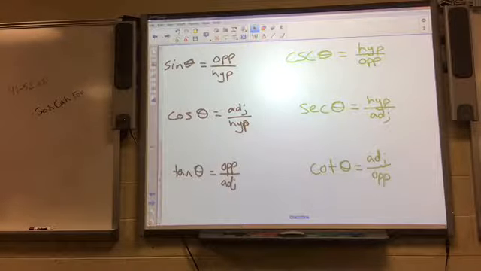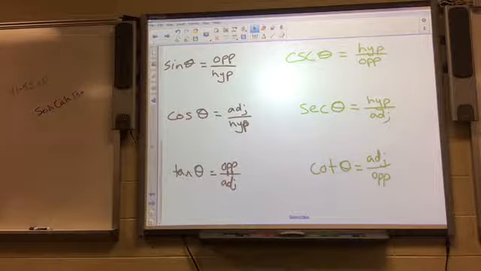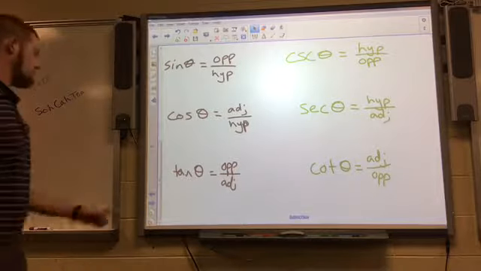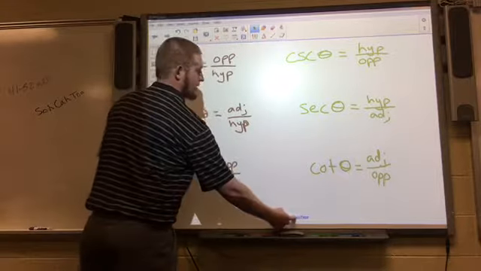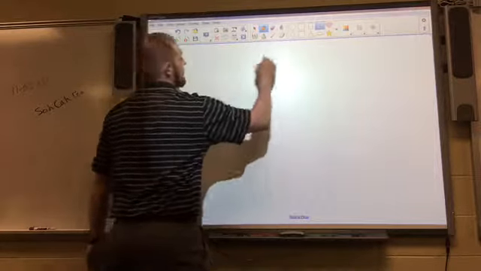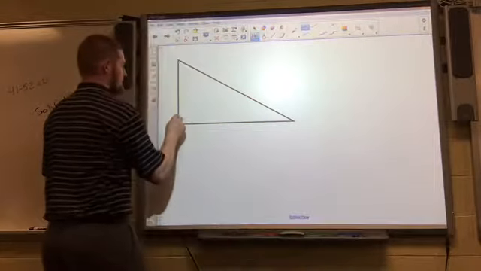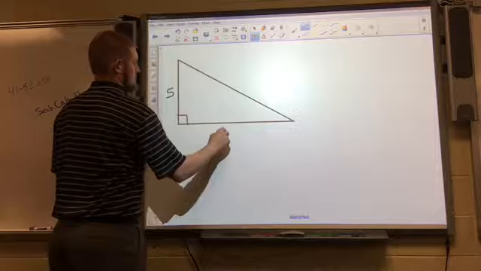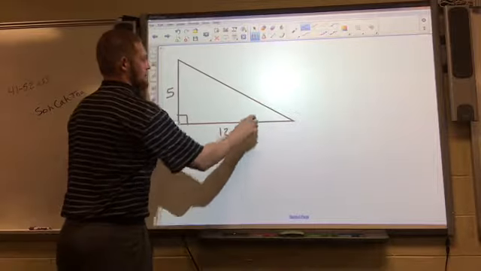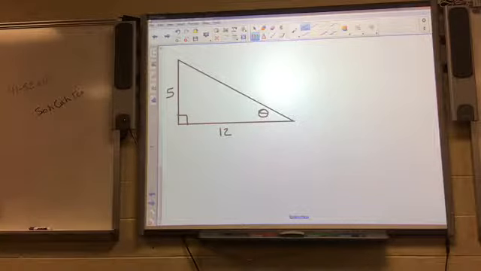So what they're going to do in your assignments is give you a triangle. This is what your first set of problems is going to look like. They're going to give you a triangle and ask you to evaluate the 6 trig functions for the angle theta.